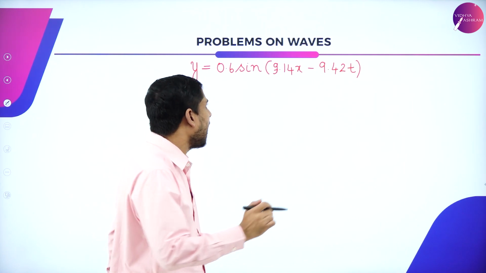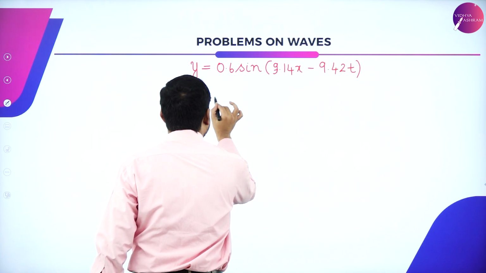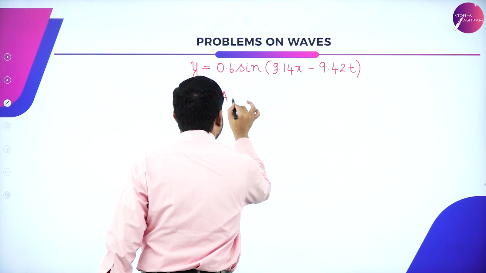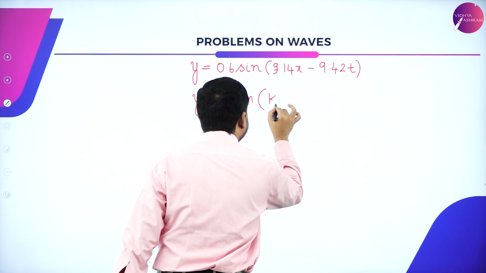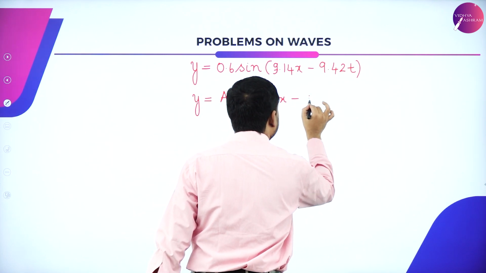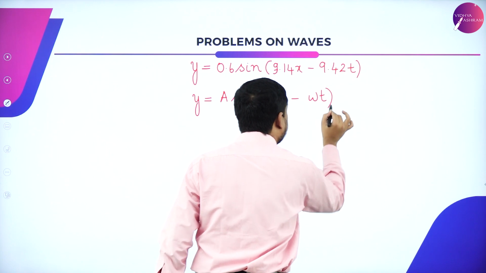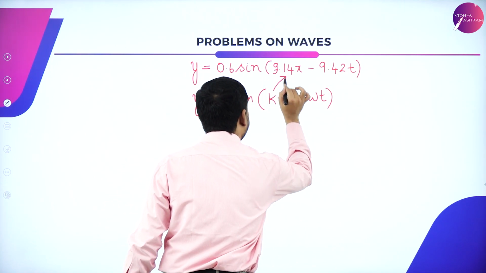Comparing this with the standard expression, y is a sine (kx minus omega t). So directly we compare.